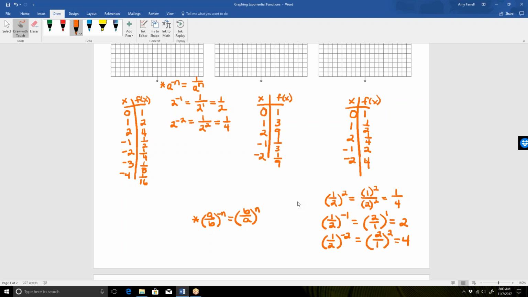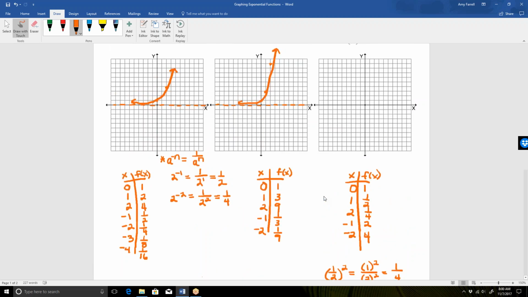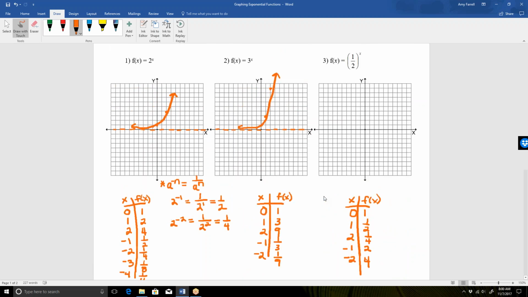Now let's plot these points and see what happens. So 0, 1, 1, 1/2, 2, 1/4, negative 1, 2, and negative 2, 4. All right, so can you see why this is exponential decay?